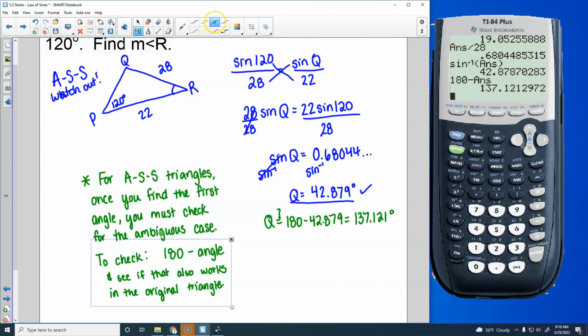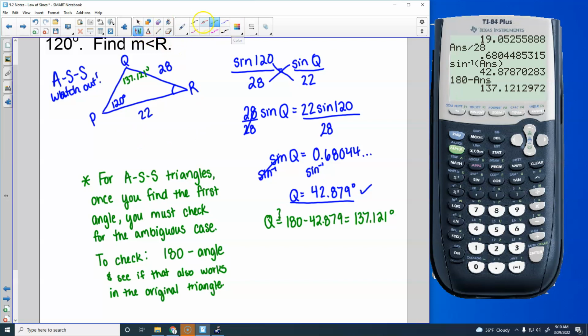In this case, if I plug it in over here, if I do 137.121, is that possible? Okay, it is not. Why do we know it's impossible? It can't be above 180. And if you have two obtuse angles in a triangle, you're not going to have a triangle. You're going to have something that looks like this and doesn't connect, right? So this is impossible for this triangle.